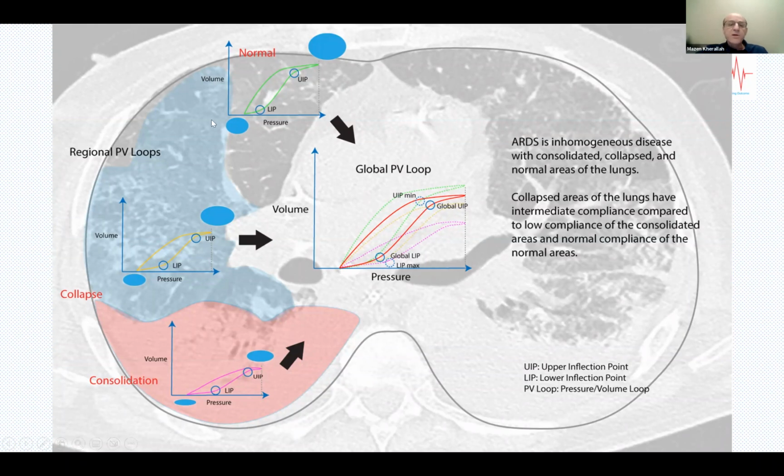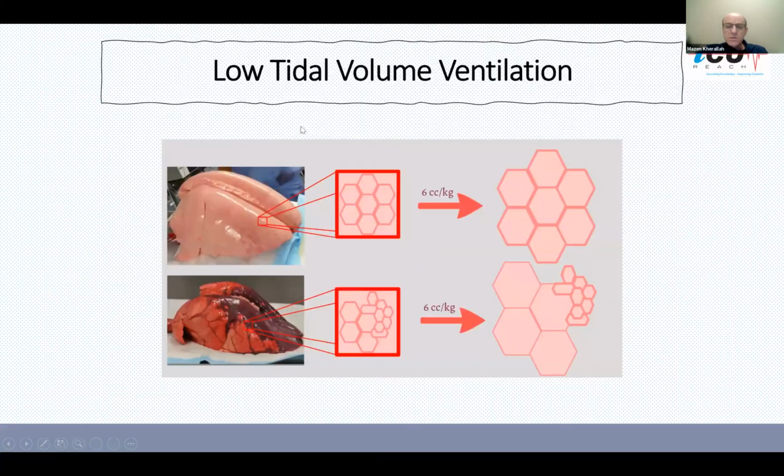The most significant part of this diagram is the normal lung, actually, because this normal tissue has normal compliance. And the pressure that we put on the ventilator would preferentially go to these areas. So the same pressure or the same tidal volume that you put on the ventilator in a healthy lung will go smoothly inside the lungs and open these alveoli in an even way.